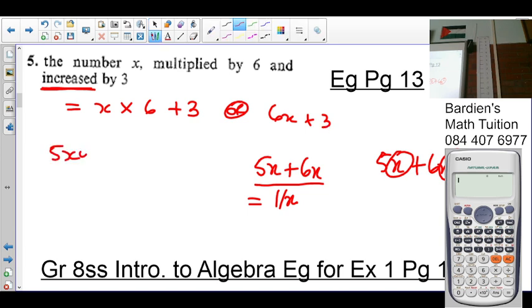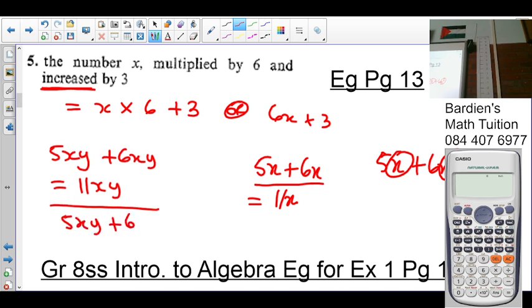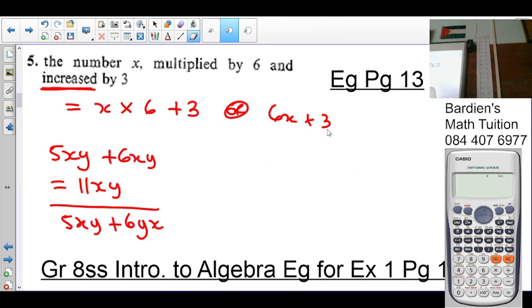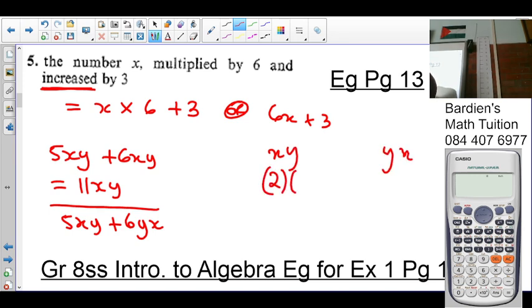Just to draw your attention to this here. If you got 5xy plus 6xy, what is this? 11xy. You all agree with that? So what is 5xy plus 6yx? Is it like or unlike terms? Look at it this way. What if you got xy and yx? If x is 2 and y is 3, what's 2 times 3? 6.